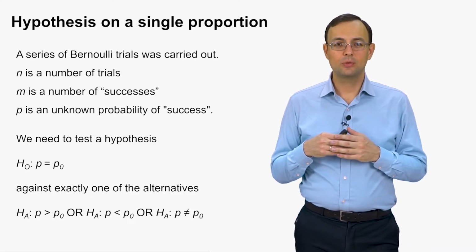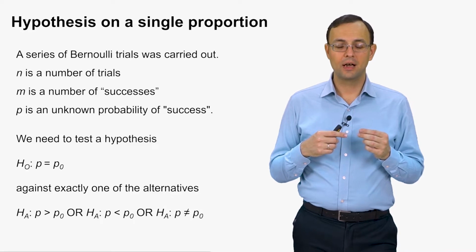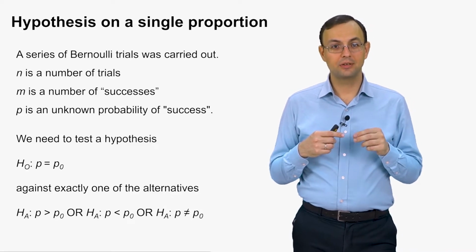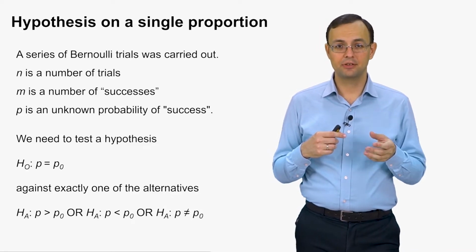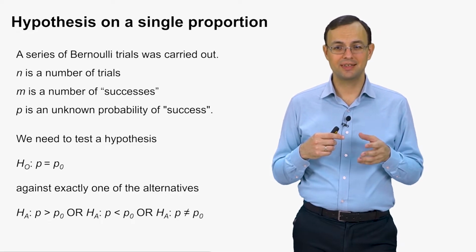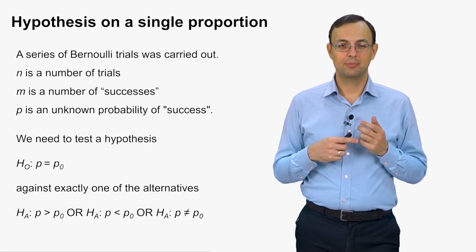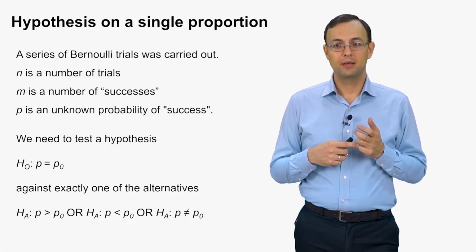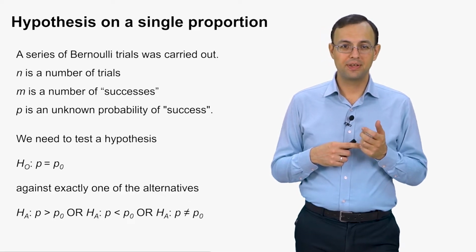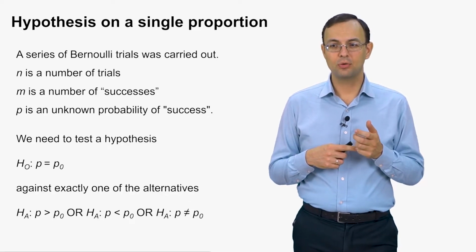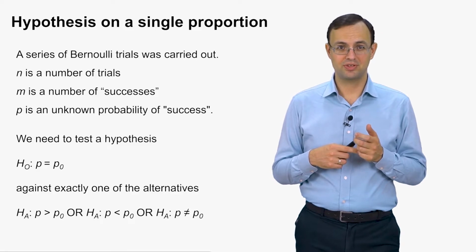We are to choose one of the following alternative hypotheses as a pair to the null hypothesis we are testing. It can be either p more than p0, or p less than p0, or p not equal to p0.